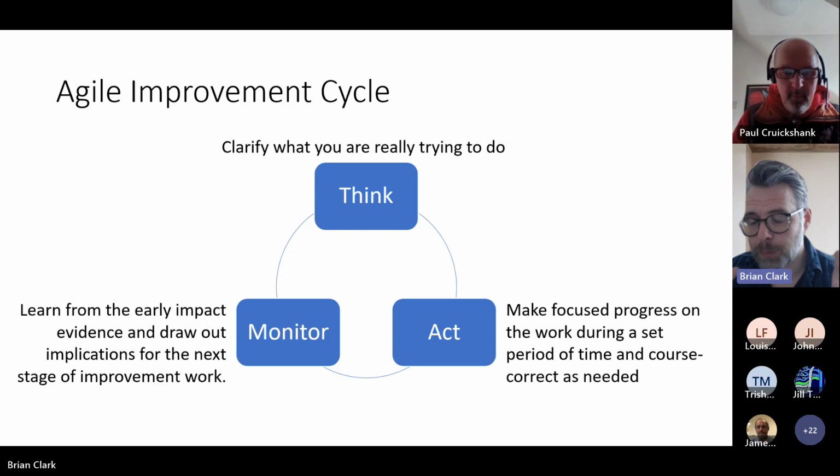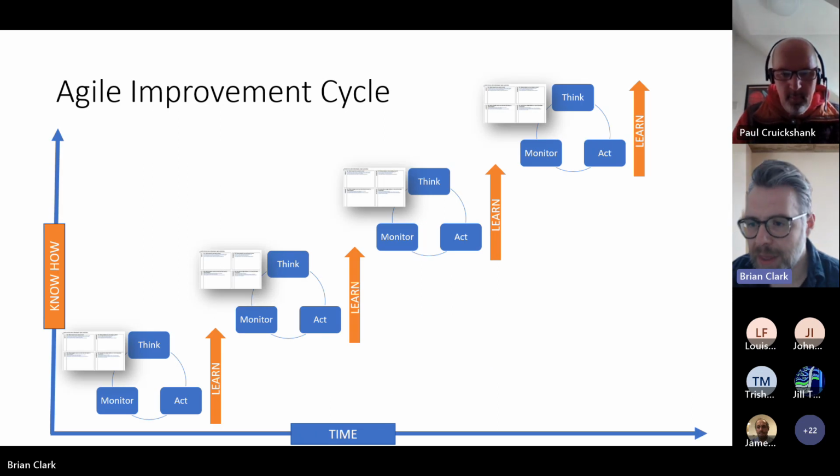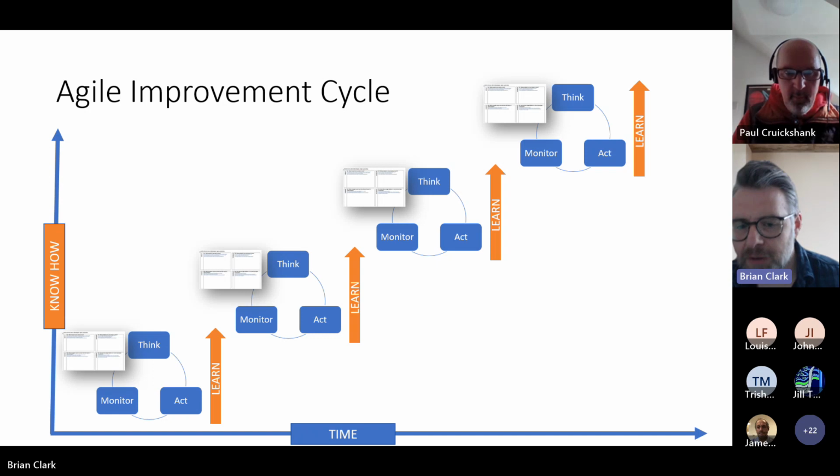That forms part of this cumulative process. Remember, cycles are short periods of time that you define: six, eight weeks, a term, half a term, whatever it might be. You go through this process repeatedly and learn from it over and over again. So the thinking phase uses the Clarify Canvas as a tool to clarify what we're trying to do, then we act and then monitor.